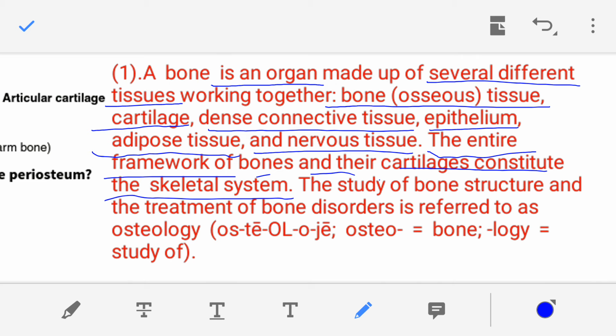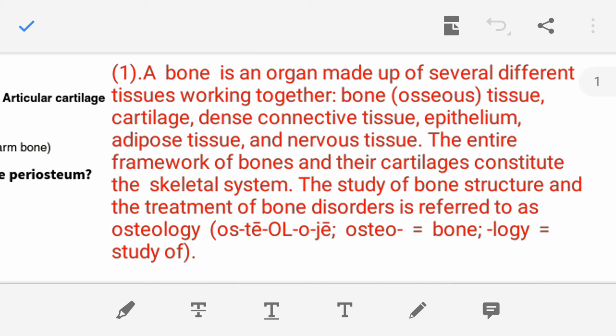Now, the branch of biology which studies the structure of bone, bone disorders and the treatment of bone disorders is known as osteology. Here, osteo means bone and logy means study of. So in the first point we have discussed the structure of bone, what bones are made up of, and what is osteology.